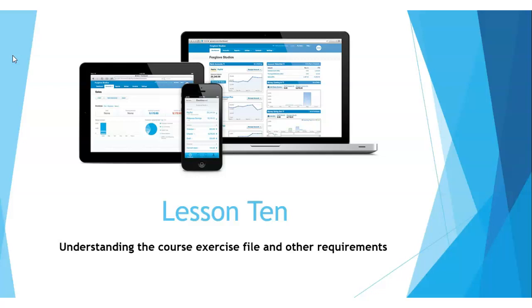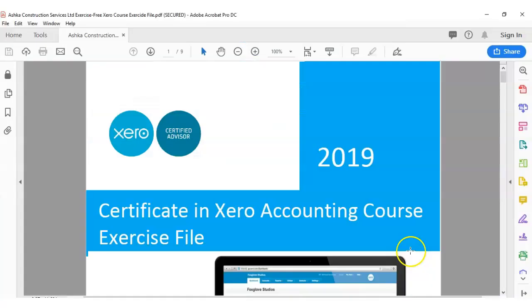With that being said, now let's look at the course exercise file and see what sort of financial and non-financial information you will be dealing with in the real workplace.